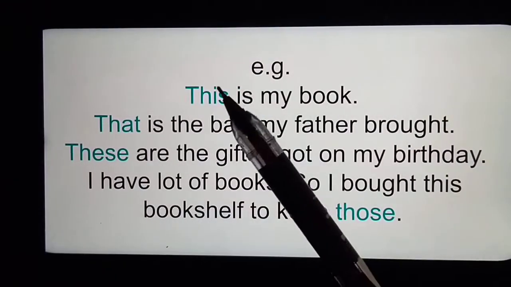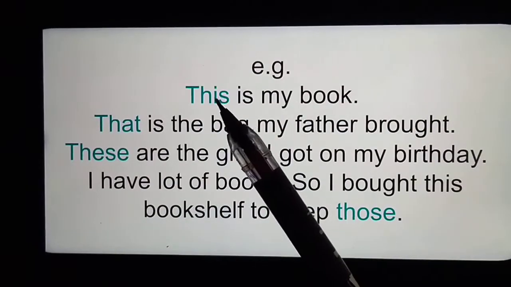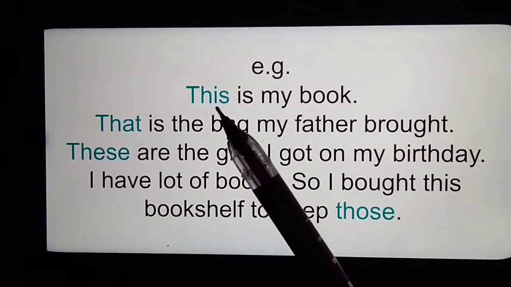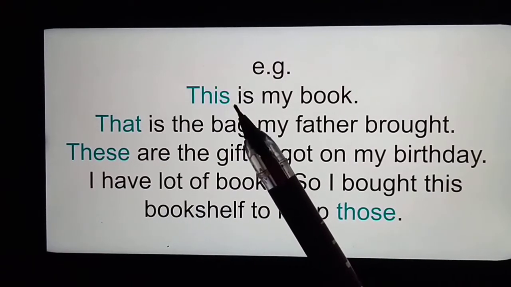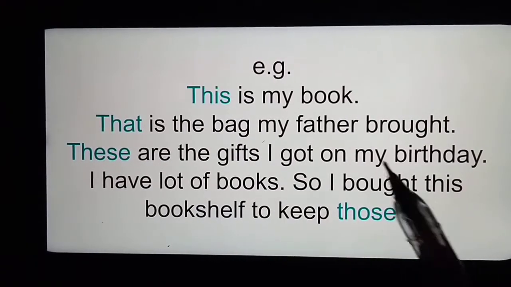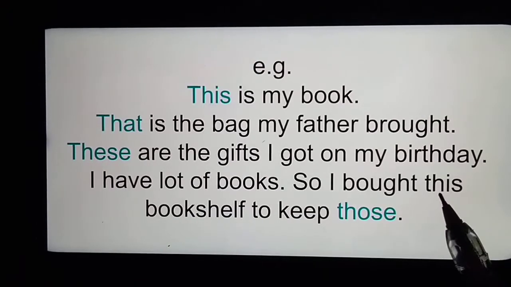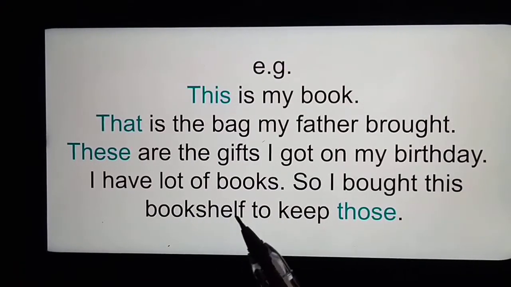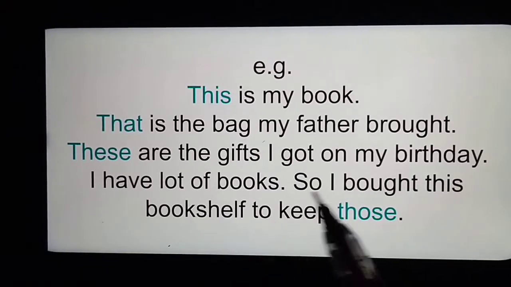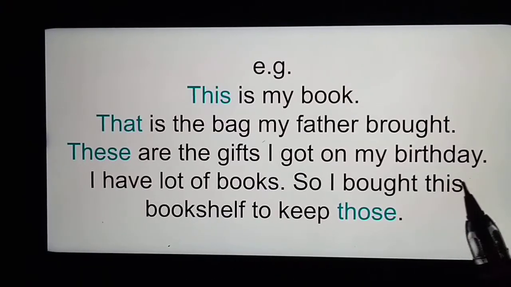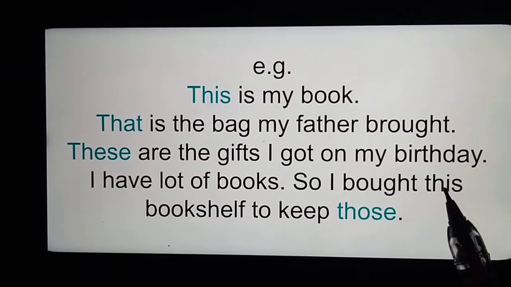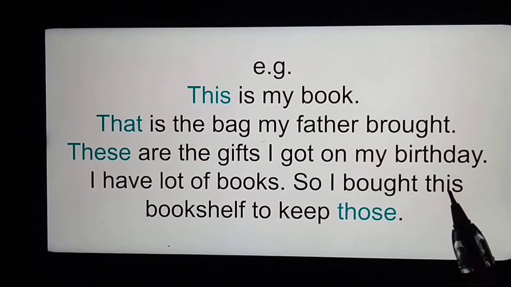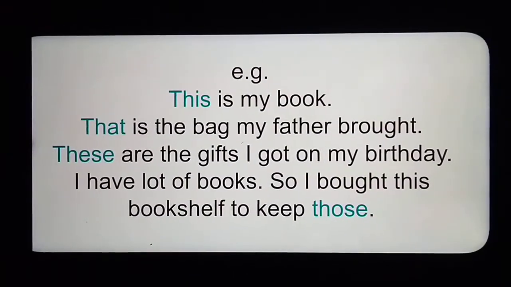For example, this one. This is my book. Now this word this is a pronoun. After this pronoun, no noun is present. But when we talk about this one, this word, this, what is the next word? This bookshelf. Bookshelf is a noun. The word is followed by a noun. Here it is acting as an adjective, not a pronoun.